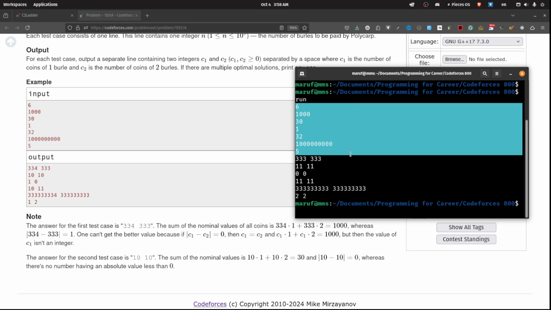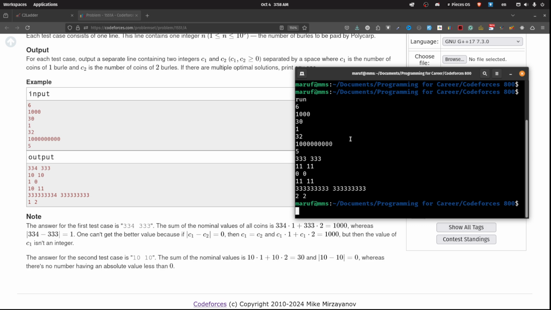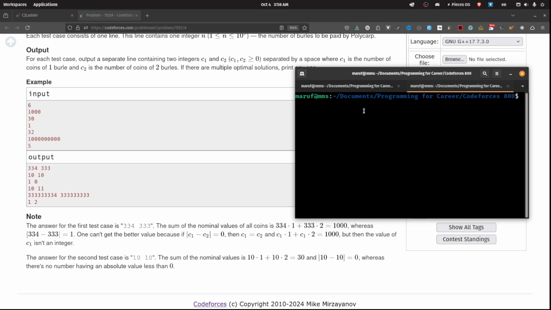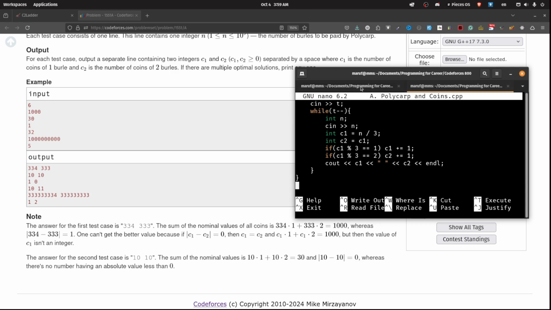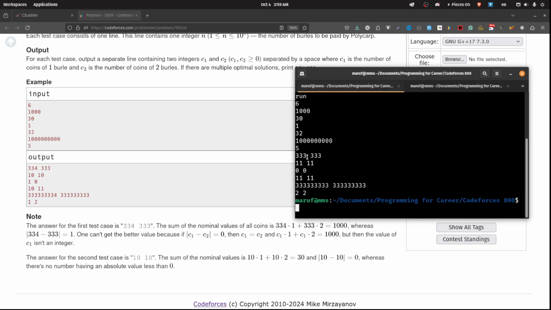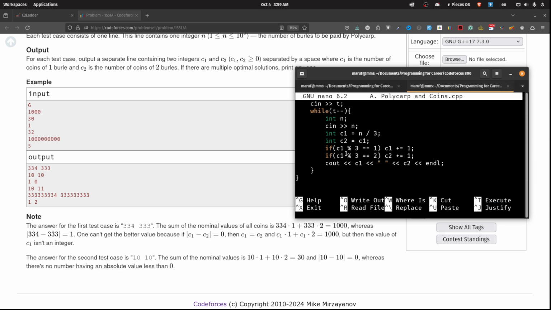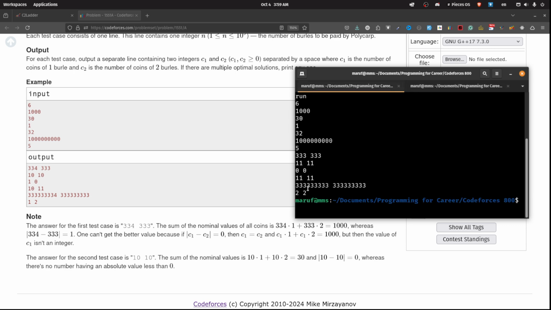So where did I do the wrong part? Let's open it here. nano a. Okay, so here basically I get both values the same, but this is not the case. So where did I make a mistake? All the values are the same.